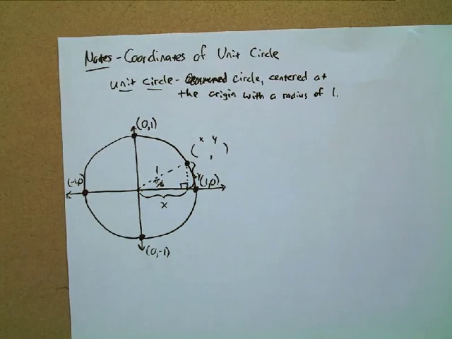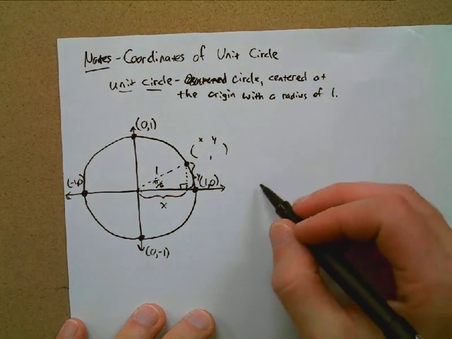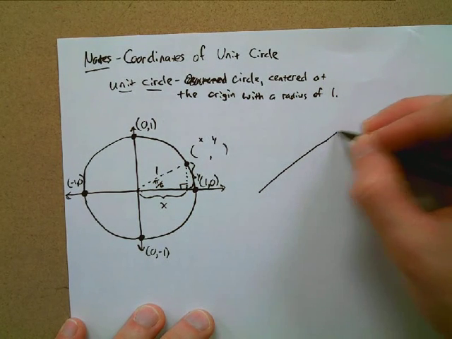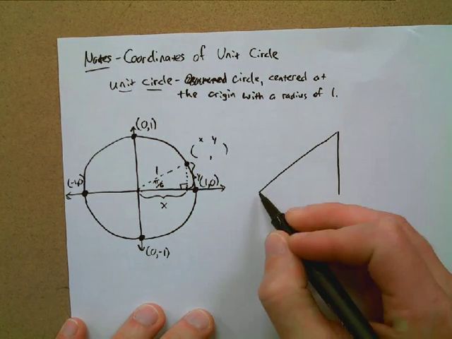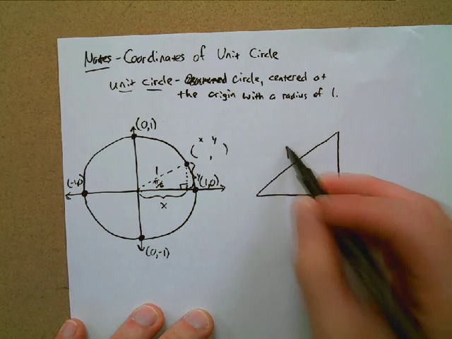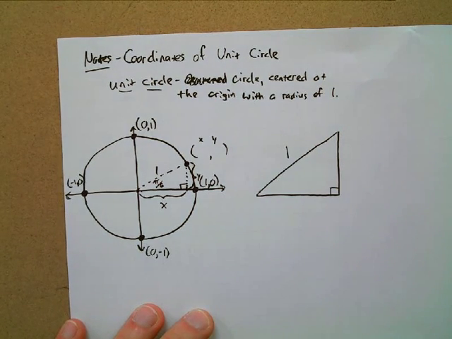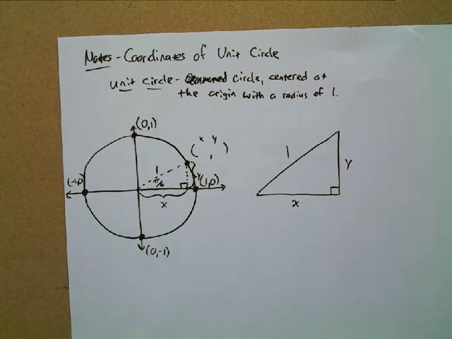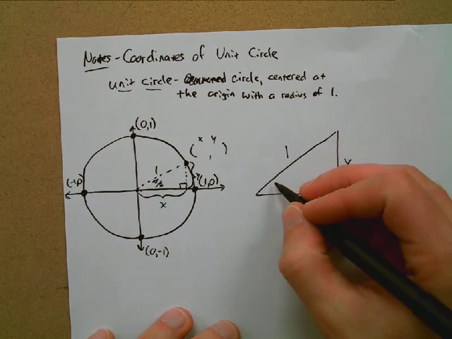I'm going to redraw this triangle a little bit bigger. So now I have this right triangle, hypotenuse of 1 because of the unit circle radius there, some unknown x value, and some unknown y value for the height. We know that our angle here is pi over 6, or you can say 30 degrees.